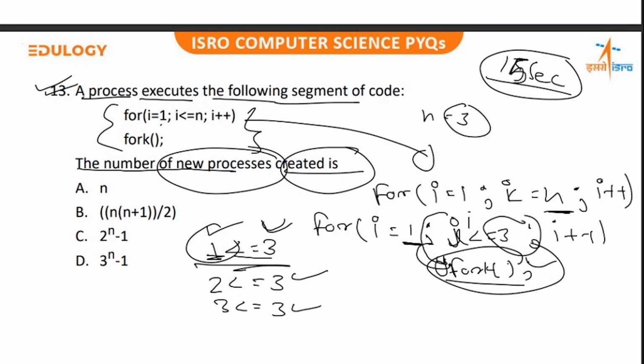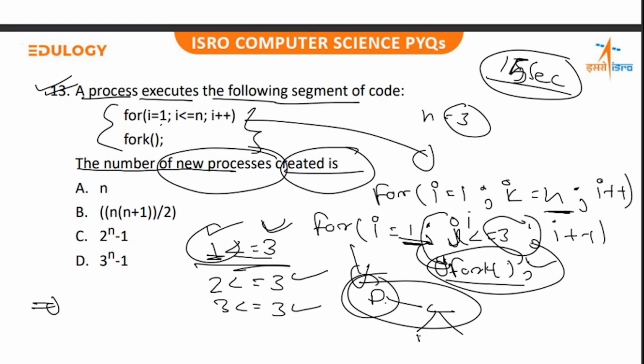What does the fork system call actually do? It creates a child process. See that: if we are calling it at 1, there is a parent process, it will create a child process, so there are two processes. Again it will create another child process, so the parent process remains and one more child process is created.